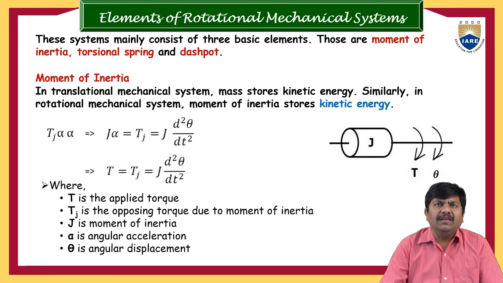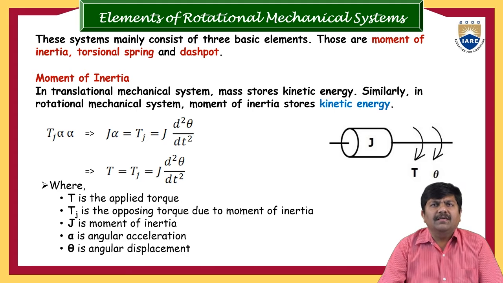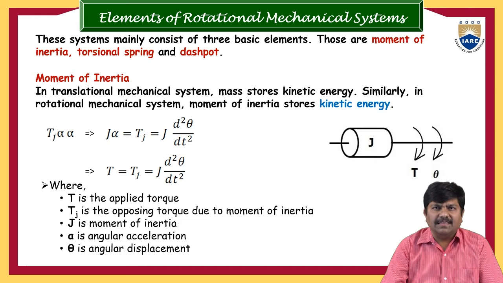Immediately it starts revolving on itself. Suppose it rotates by some angular distance on itself, what is the displacement there? The displacement is the angular displacement, which can be represented as theta.